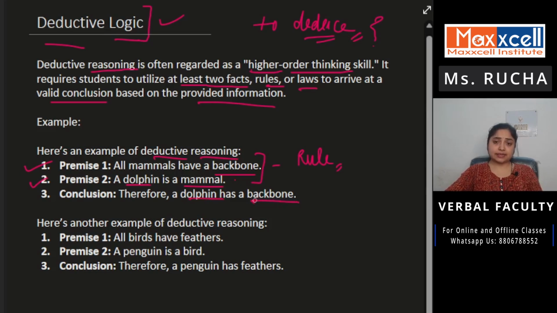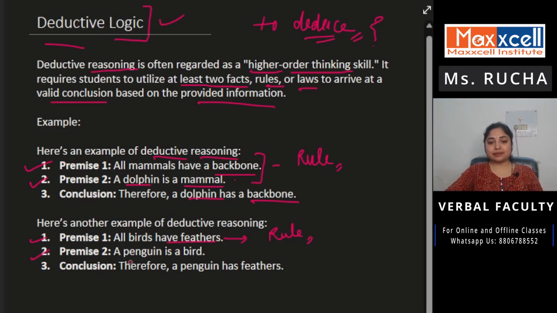Let us understand it with the help of a second example also. Right, this is the first premise, that all birds have feathers. All birds without any exception. So this again becomes a rule. This is the rule statement. The next premise is a penguin is a bird.